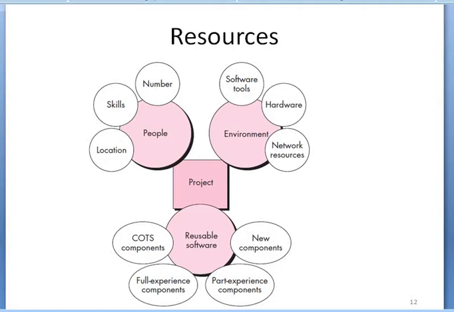The number of people required for a software project can be determined only after an estimate of the development effort. So for human resource, we need to consider the number of people and the location of the human resource. Different techniques for estimating efforts are generally discussed under this human resource.